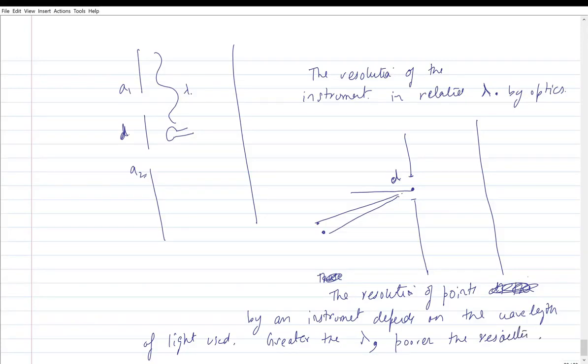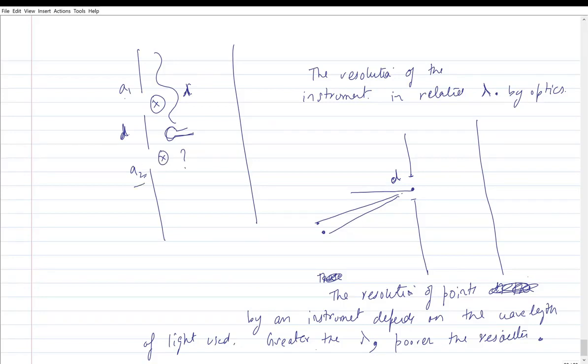So that's essentially the idea, and I'll urge you guys to think a bit more deeply about this, and we can discuss in the subsequent classes. But essentially the take-home message is that I needed to increase lambda to give the electrons a very, very tiny jolt, but if the lambda is huge, then I won't be able to resolve from where the electron came, from slit A2 or slit A1.